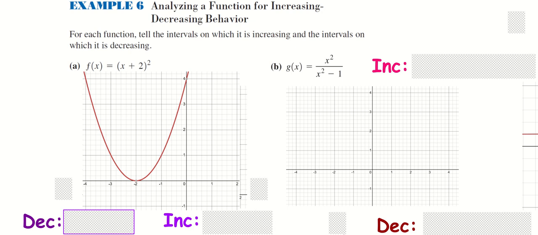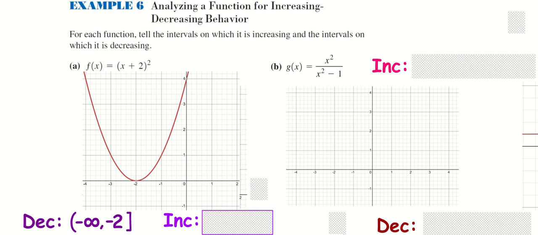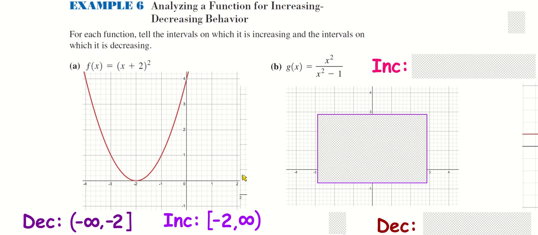Not approximately -2 or -1.99, but exactly -2. So what would go here, a bracket or a parenthesis? Bracket. And then it's increasing from -2 to infinity as we go left to right. Remember, these are x values.